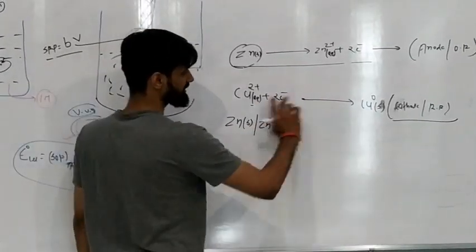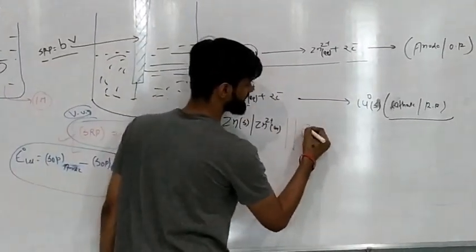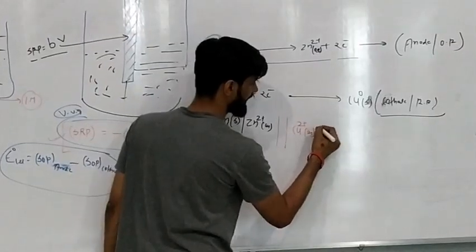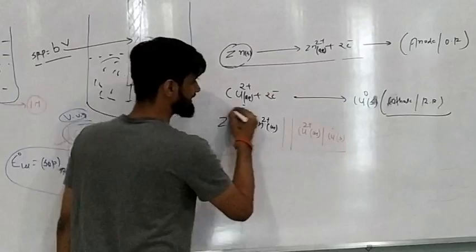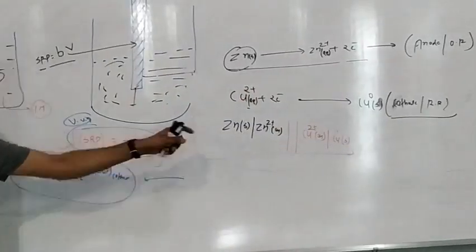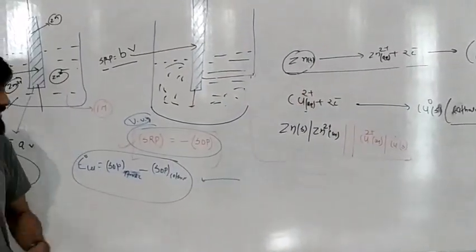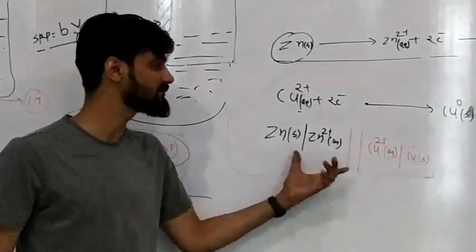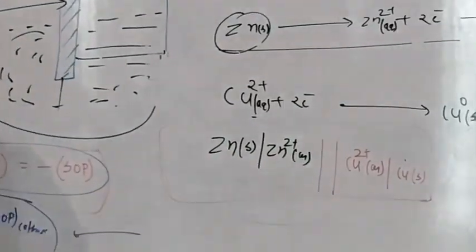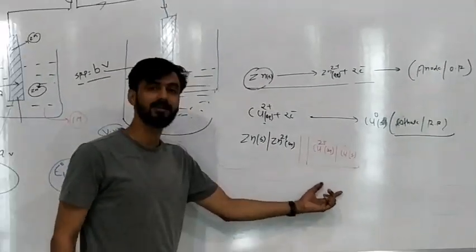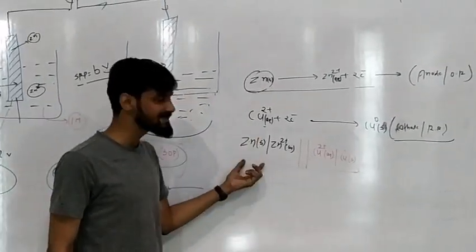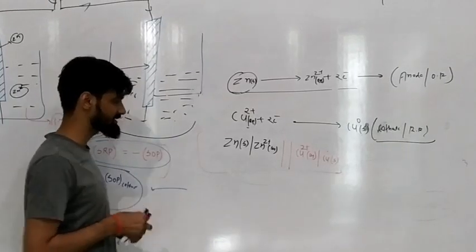Then Cu2+ aqueous solution, and Cu solid. This is the notation part. My dear student, it is one of the important things. In the question you will see these things directly. There won't be anything given saying this is the anode and this is the cathode. You have to understand from these notations which is the anode and which is the cathode.